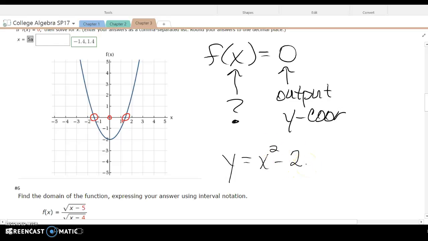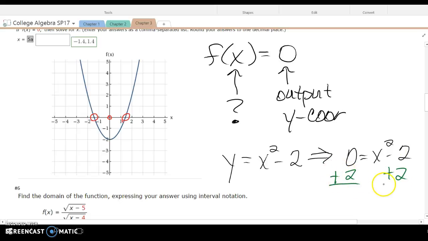We know that's where we're starting because it is a parabola, which is an x squared, and it's shifted down 2, so minus 2. So when we need to find x values that go along with a 0 output value, that is the same thing as saying 0 equals x squared minus 2. And now you can solve that equation for x.